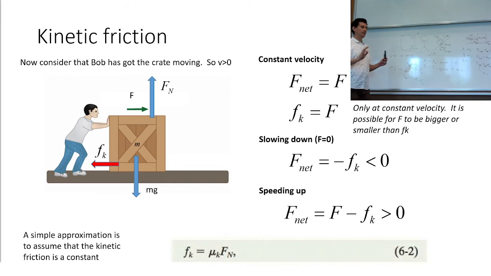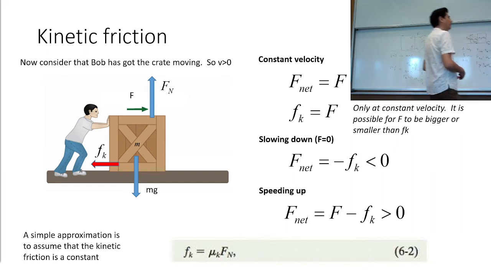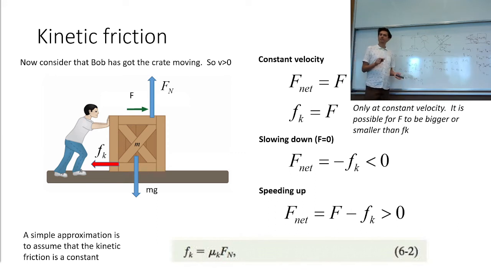In the first case, I'm pushing it and nothing's happening. In the second case, I'm going to pull it this time, and it's going to move at constant velocity towards me. So it looks like Fk is Fs. Is that true?